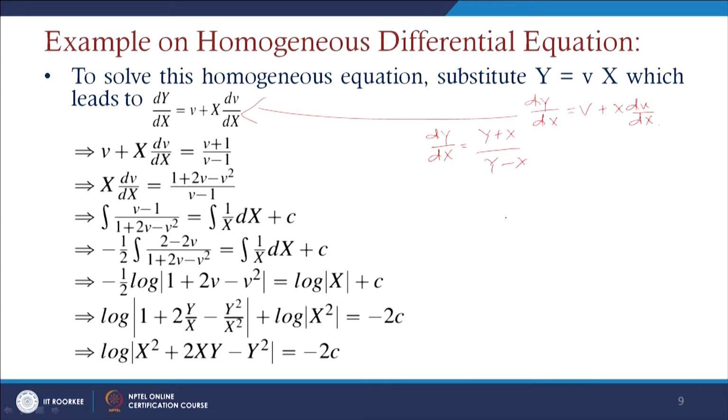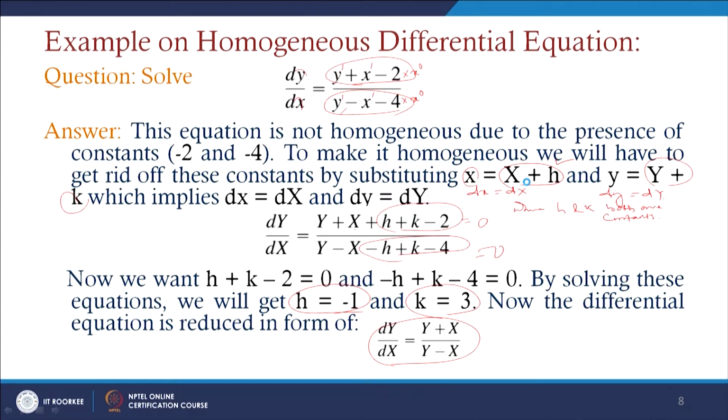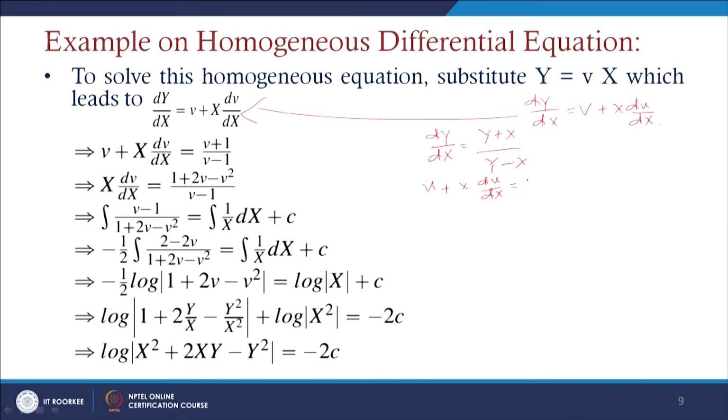So directly if we substitute here, then v plus X dv by dX can be written, with Y as capital Y written as vX, as (vX plus X) by (vX minus X). So that is why we can write this as (v plus 1) by (v minus 1), since X can be taken common here.